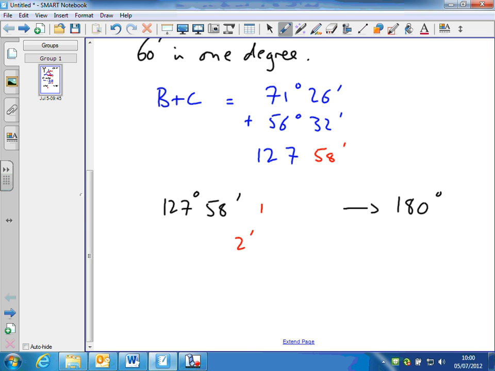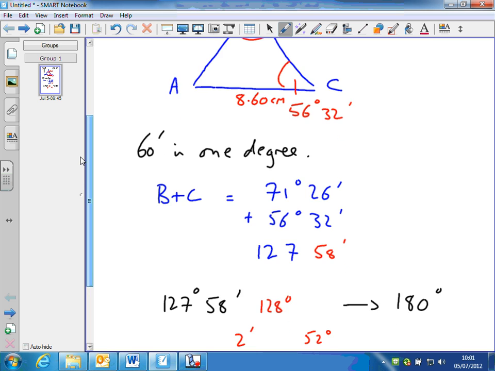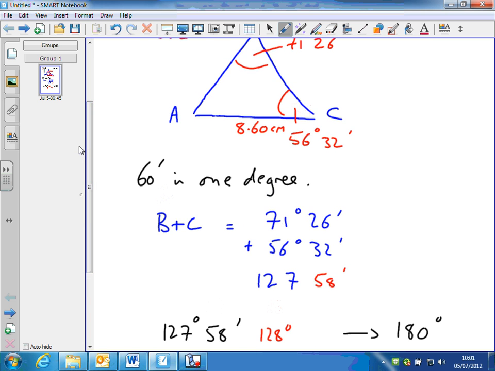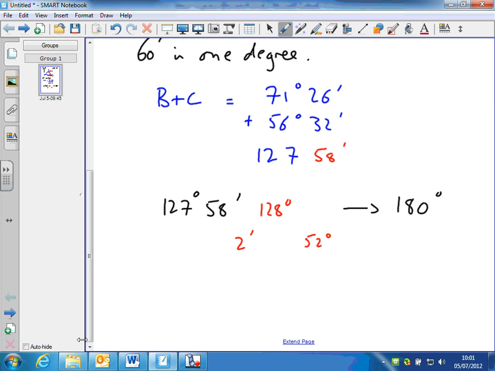And then I would add 52 degrees to get to 180. So the missing angle is 52 degrees, 2 minutes. So A equals 52 degrees, 2 minutes. Some calculators actually allow you to work that out. They have degrees and minutes on the calculator.